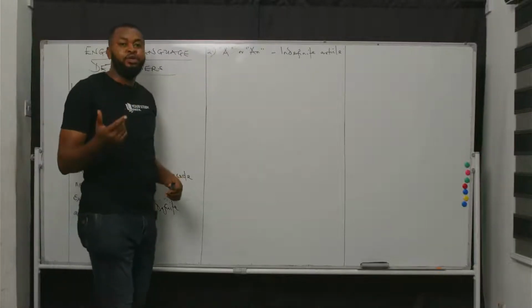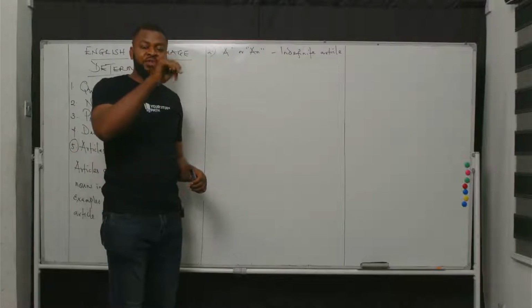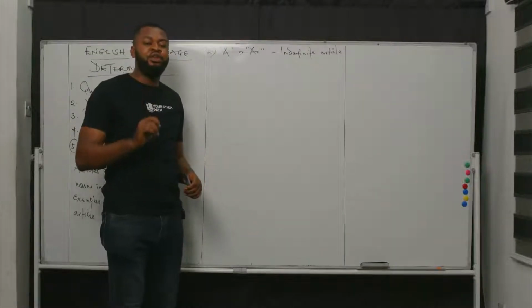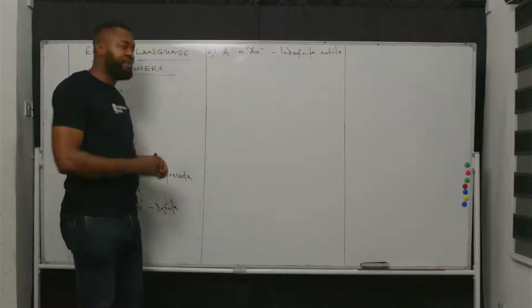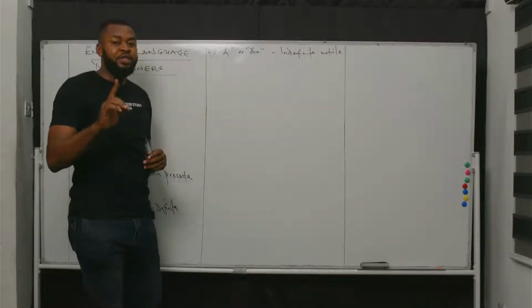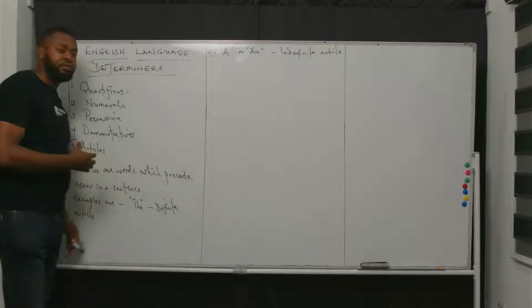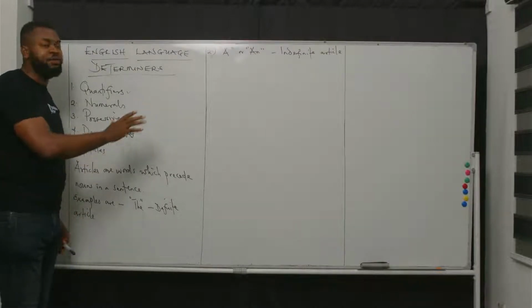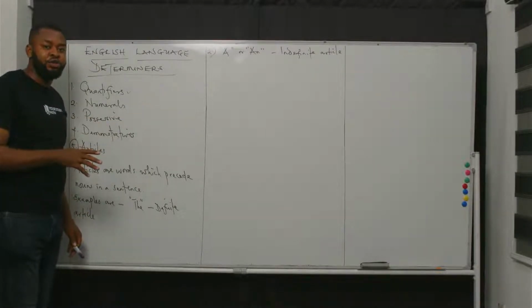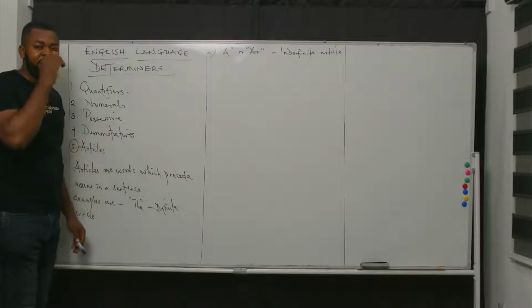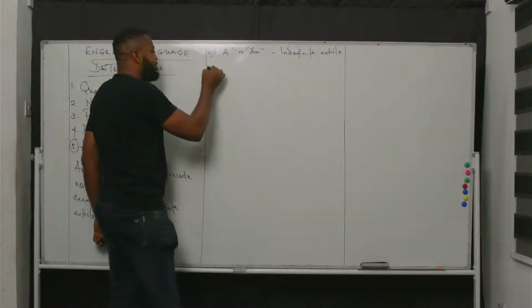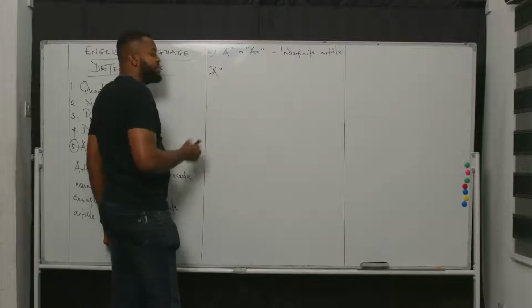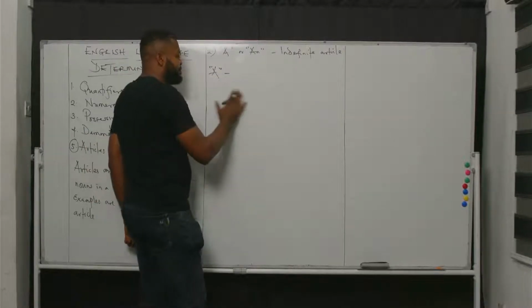Now, if that is understood, let's consider the indefinite article. Now, there are separate rules for the usage of the letter A and the usage of the letter AN. All right. Now, let's start with the usage of A. Now, I need you to pay attention because at the end of this particular article lecture, I'm going to give you an exercise to try on your own, after which I'll move to the next topic. Now, here we have the first aspect, which is A. All right.